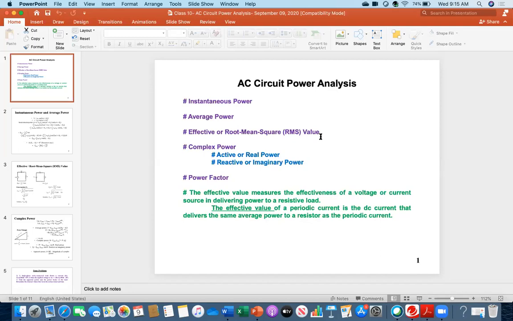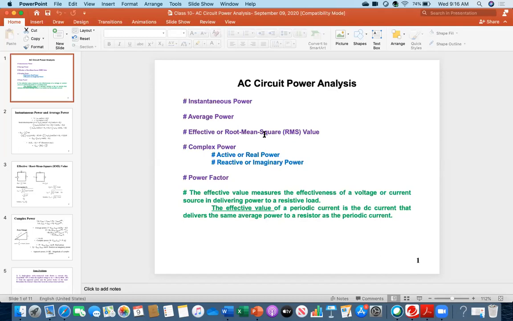Actually, in engineering terms, that is the effective or root mean square value, or simply the RMS value. Today I will show you how to calculate that, how I got that 120 volts. If you see the amplitude, it will actually be 170 volts. But we do not say the amplitude. We simply say it is 120 volts. That is the effective value.